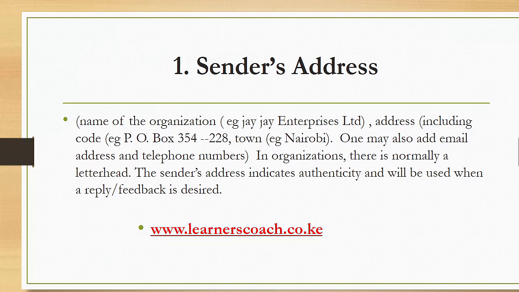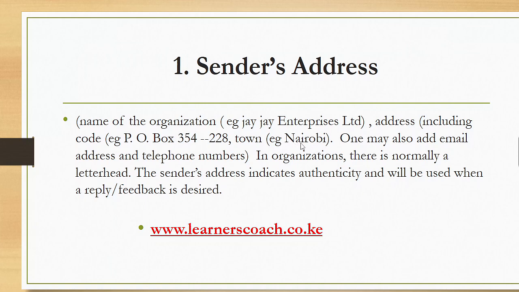Of course you can state the town. Normally it's not really restricted, but it's a good thing to observe that you should always start the name of the organization with a capital letter. So mine here, I've violated that, so ensure that you have a capital J here.